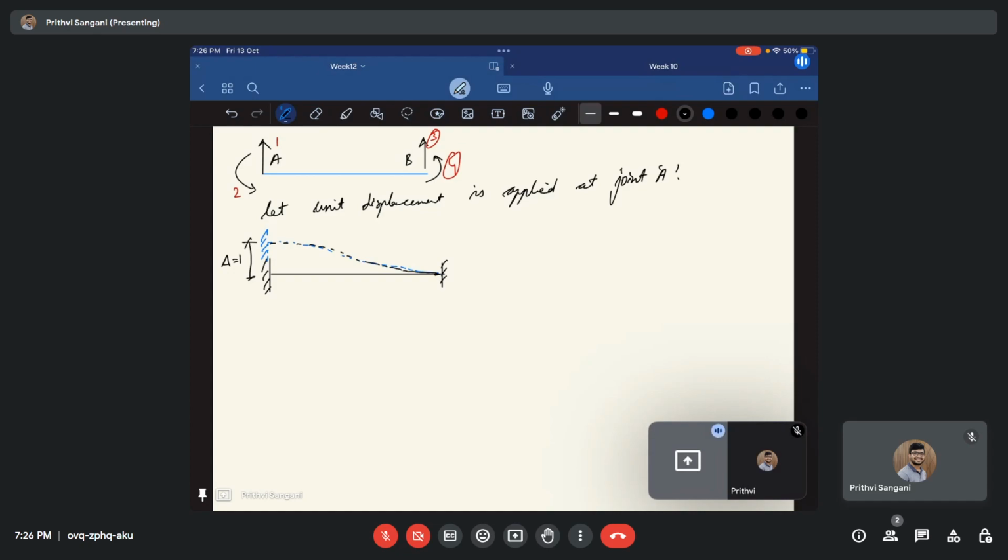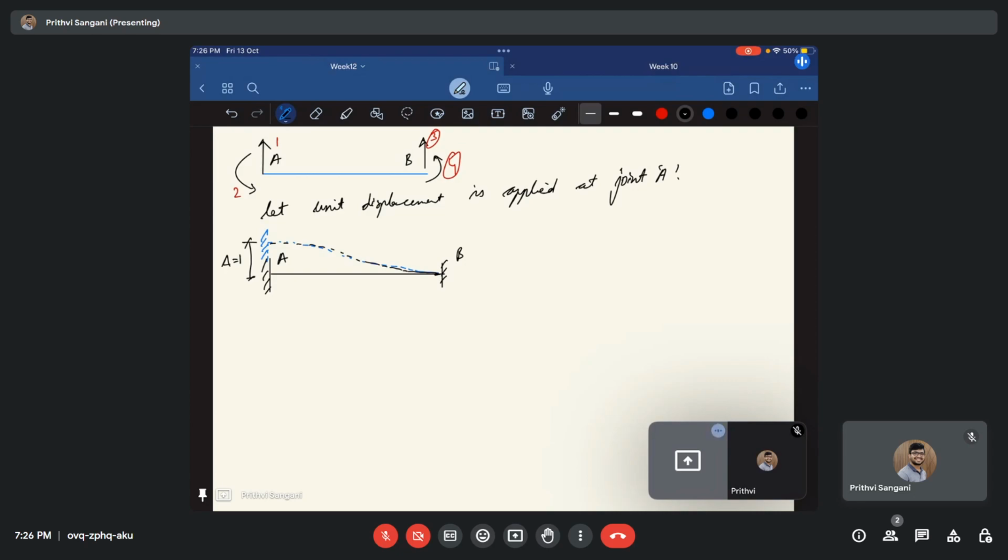It is just like a support settlement. Because of this delta equal to 1, you need to find forces in the directions of the degrees of freedom: the shear force at A, the moment at A, the moment at B and the shear force at B.